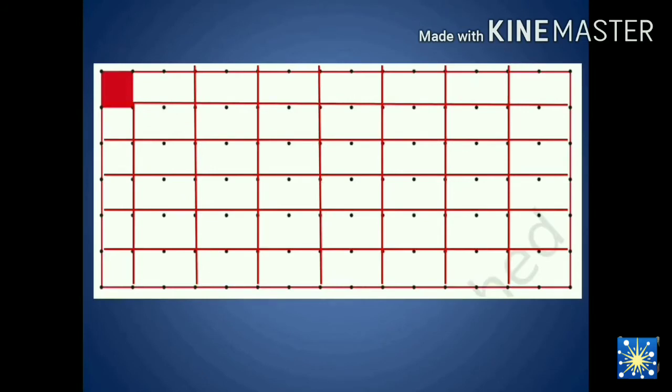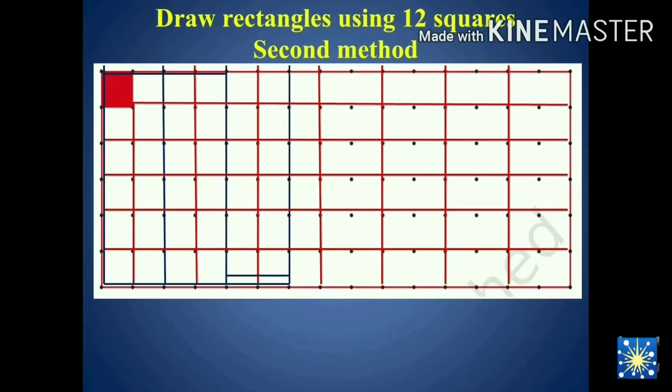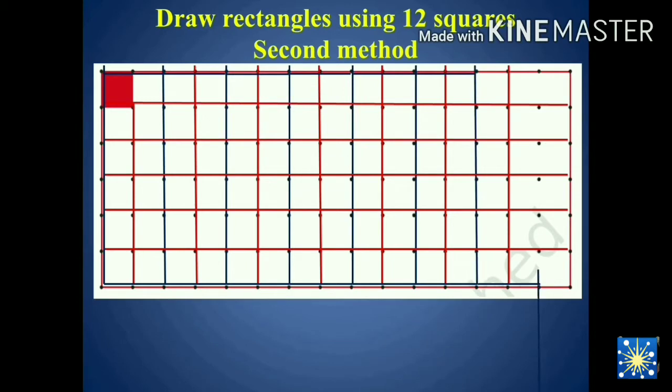Now this is another method to draw rectangles using 12 squares. Let's draw the lines. Now again we get so many rectangles.